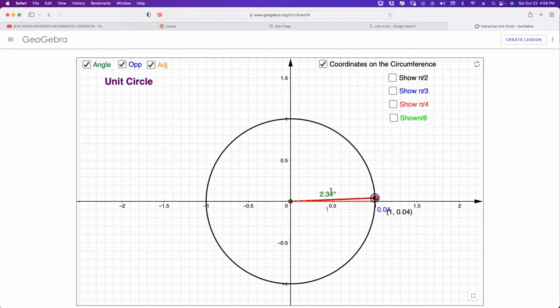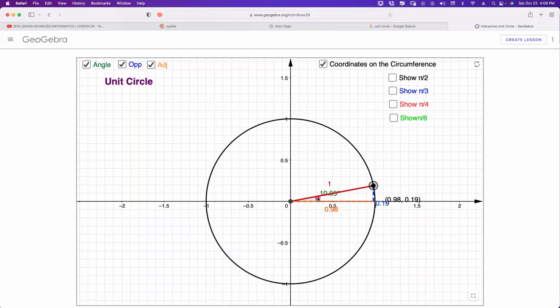But then that changes because we refer our triangles back to the x-axis always. So now the adjacent side and the opposite side switch.